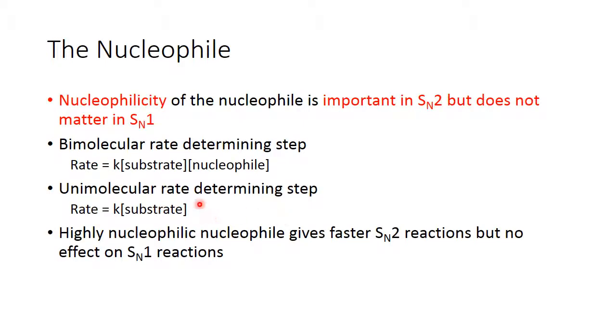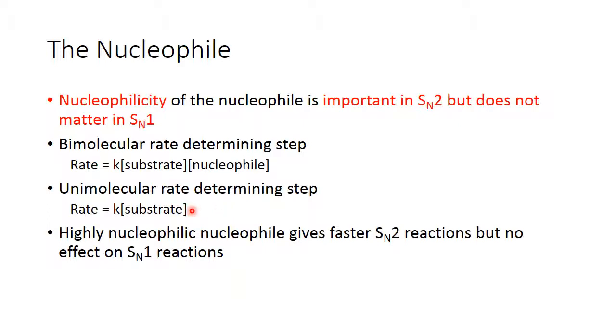But because there's no nucleophile in the rate determining step, the nucleophilicity of the nucleophile can be very poor, and the rate of the nucleophile attacking, or jumping onto, the carbocation is going to be faster than the unimolecular rate determining step, the first step where the carbocation is formed.